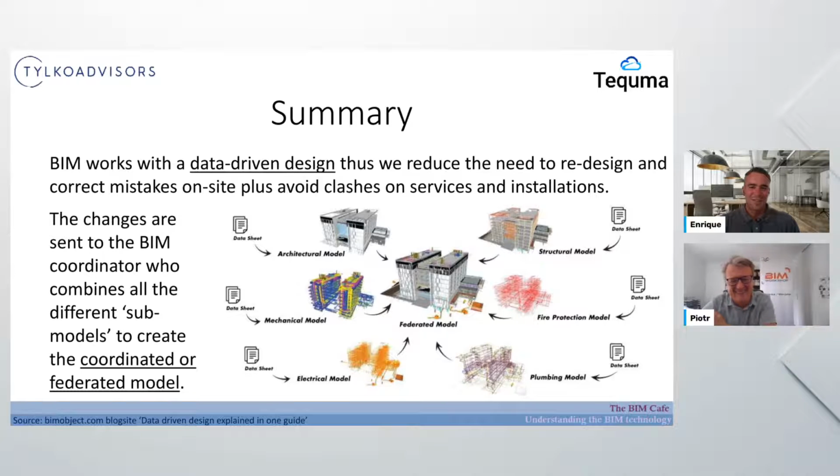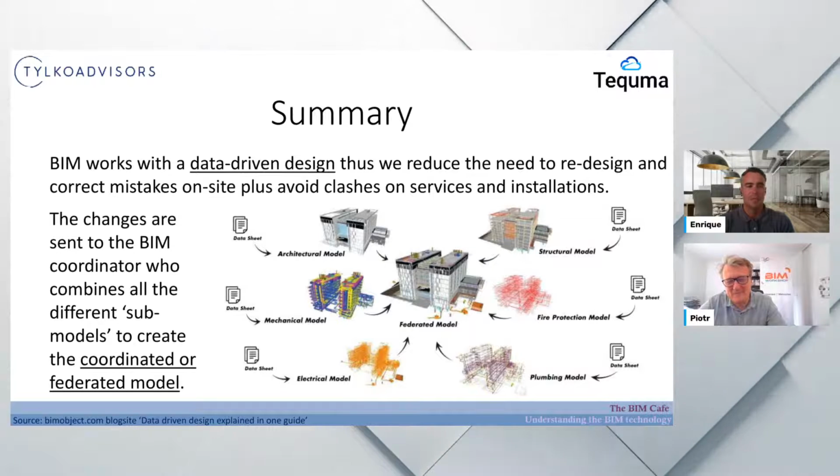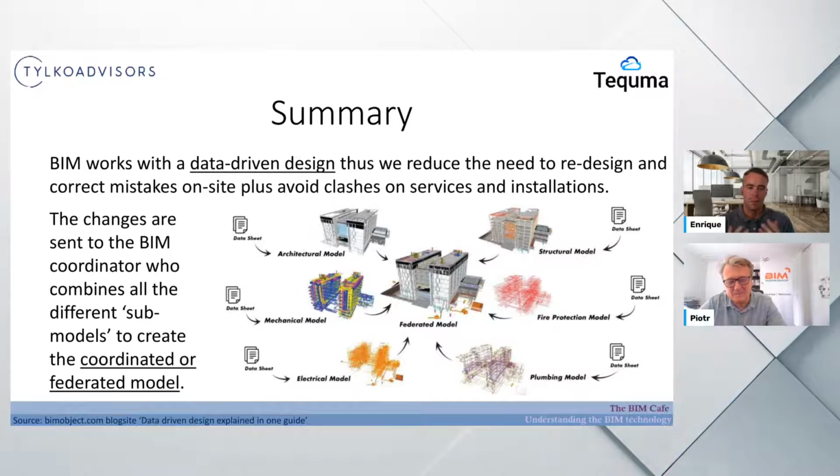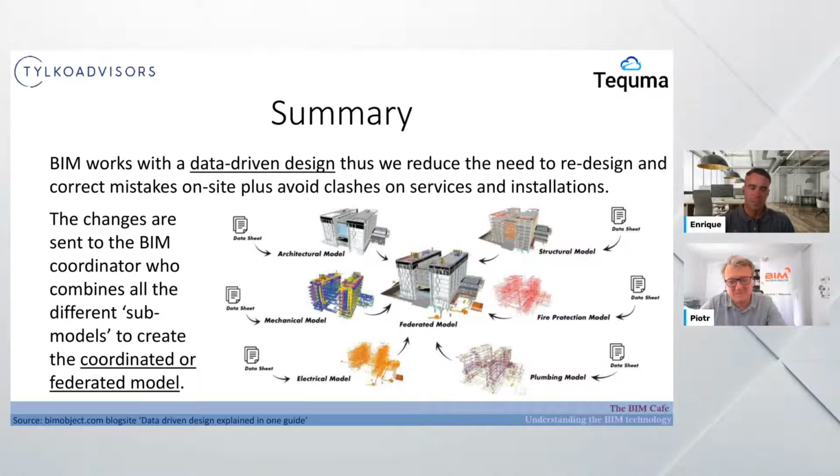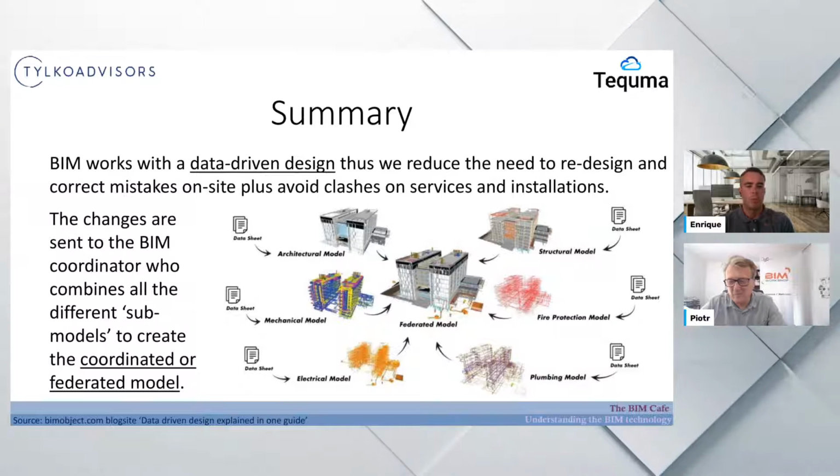So, as a summary of what we saw today, with a data-driven strategy we are focusing our efforts on the design phase. We are making a bigger impact to create changes without affecting the overall budget of the project as much as we do with a design-driven strategy. So BIM works like this: we shift the effort, we spend more time and more resources on creating a proper design, but it's going to be way more efficient.